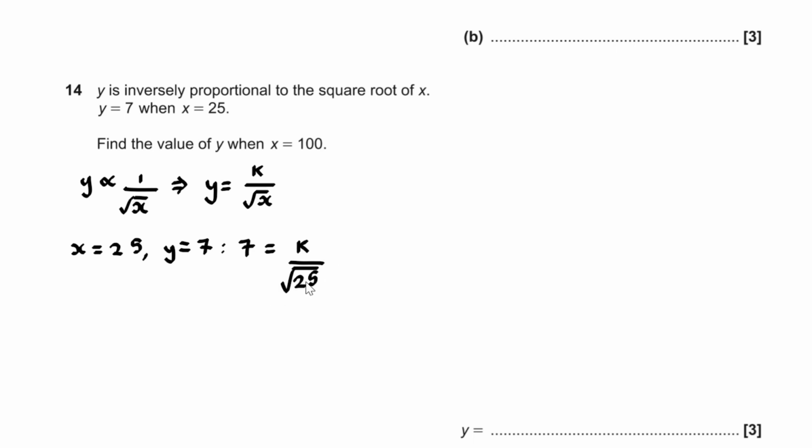Now, square root 25, that's 5. So therefore, we've got k equaling 7 times by 5. So k is 35. And knowing that k is 35, we can therefore conclude y equals 35 over square root x, and we have to find out the value of y when x is equal to 100.